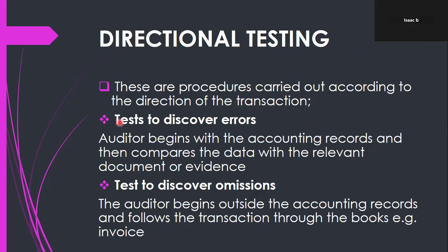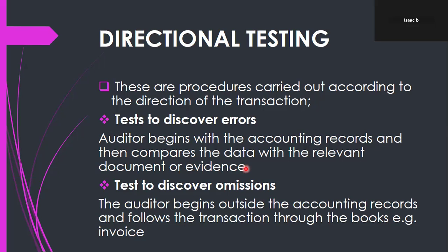And there are two. There's tests to discover errors, then tests to discover omissions. So tests to discover errors, the auditor begins with the accounting records and then compares the data with the relevant document or evidence. So now, in simple terms, this is where we're trying to discover an error, right? Maybe we want to discover an error for a specific invoice, right?